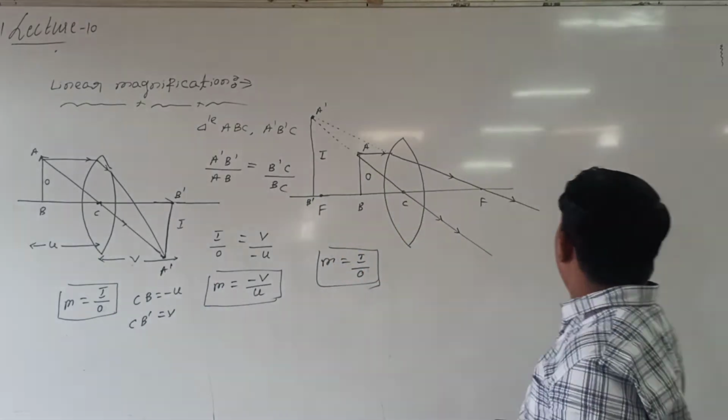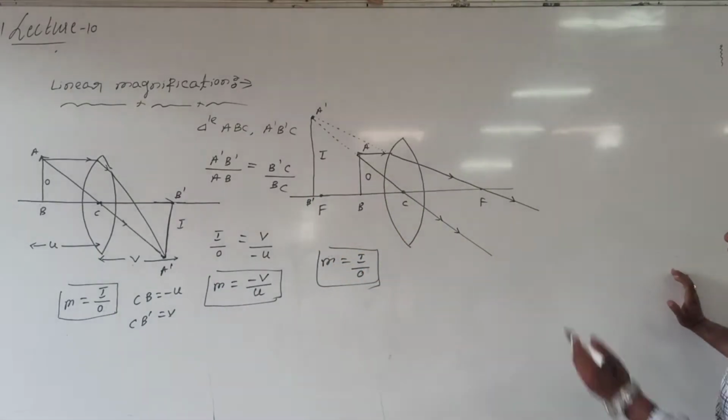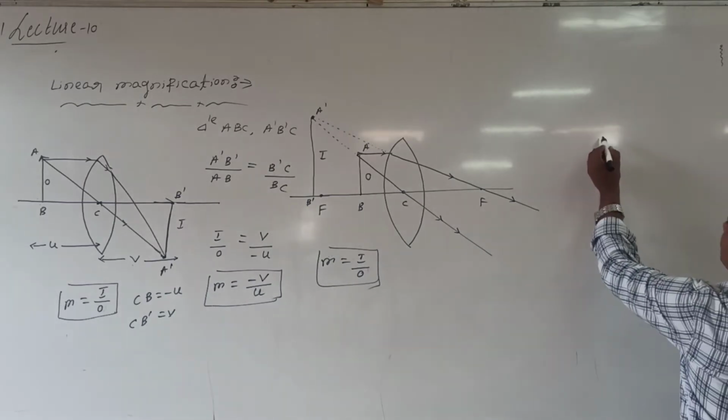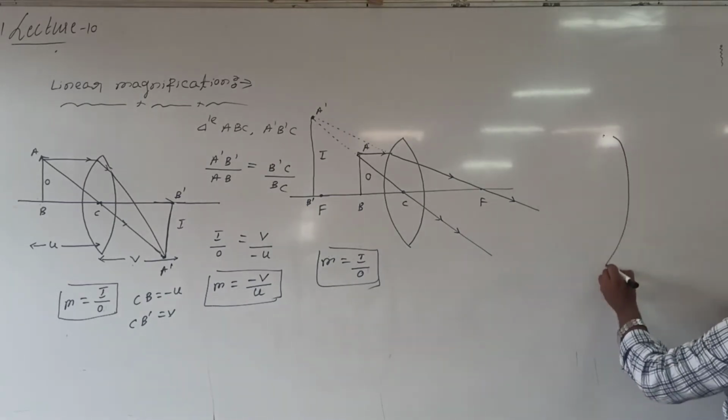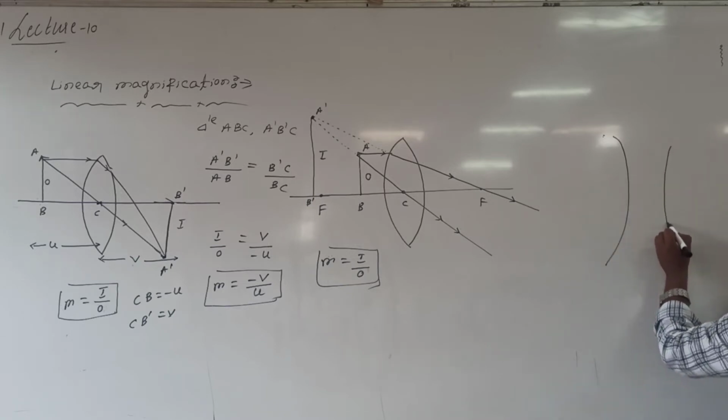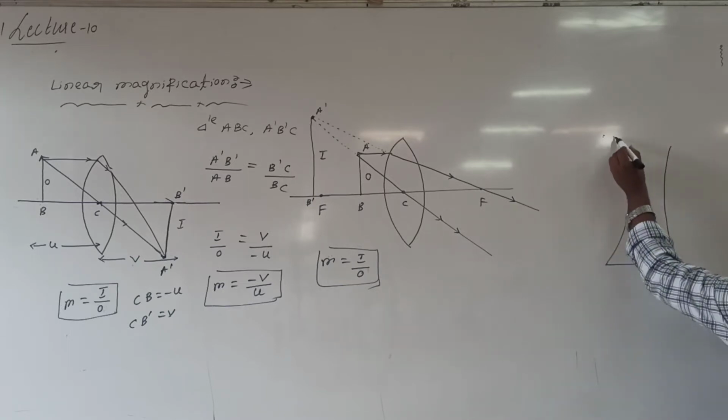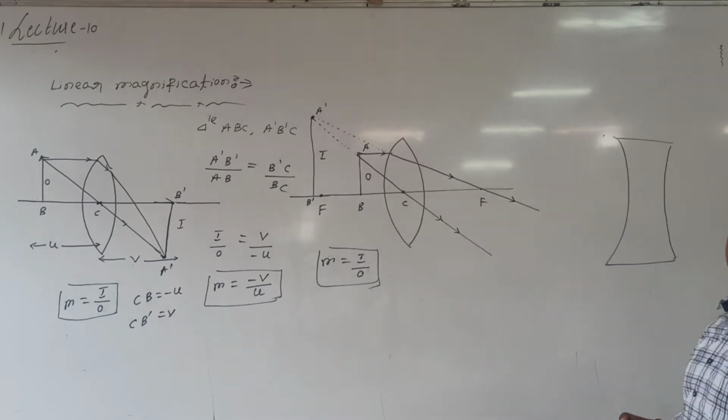How is it? Again I will take a concave lens. Look at me. This is the concave lens, and how linear magnification is positive, we will see.